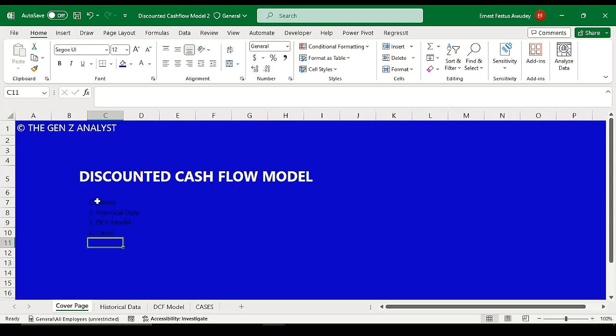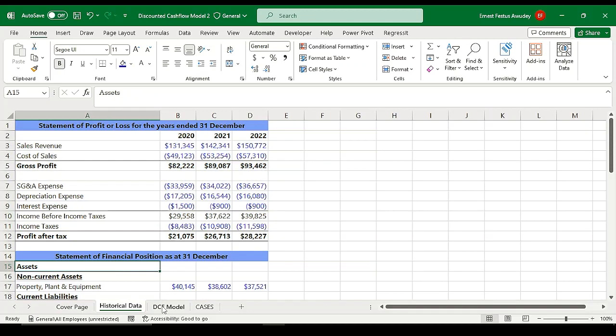So we have the contents there. Let me change the font color to white and increase their size a little. All right, then let's try and link these particular contents to the various tabs.